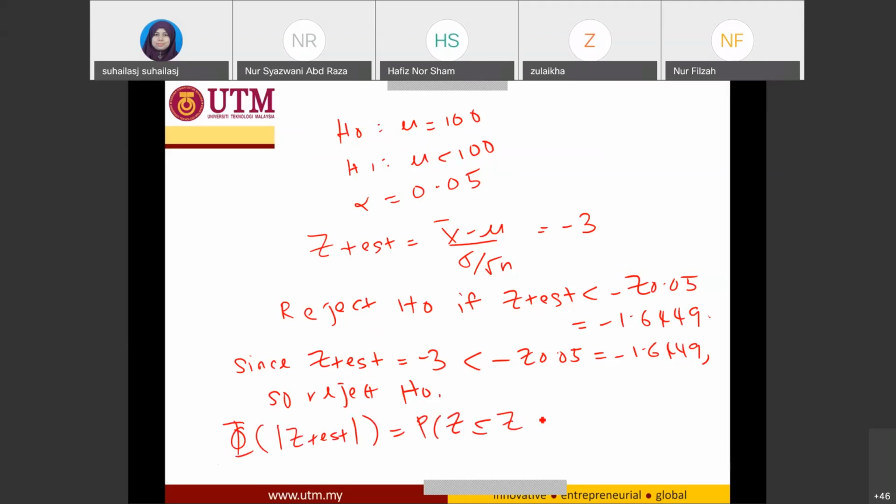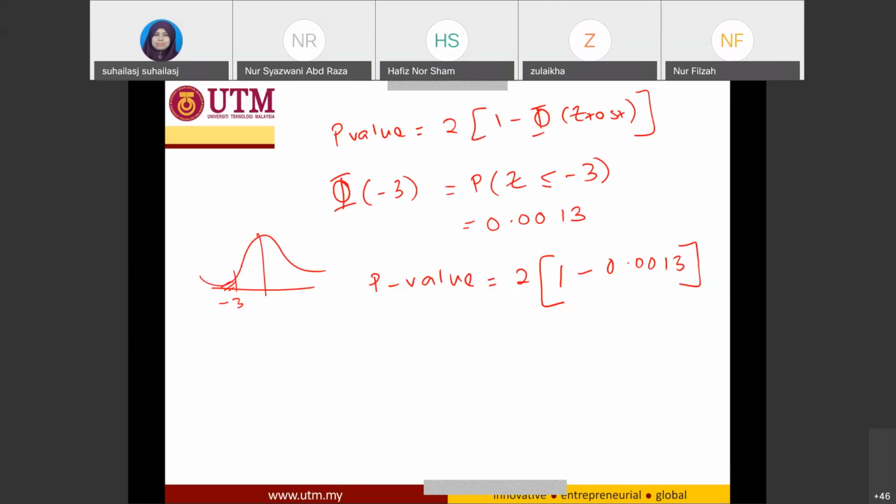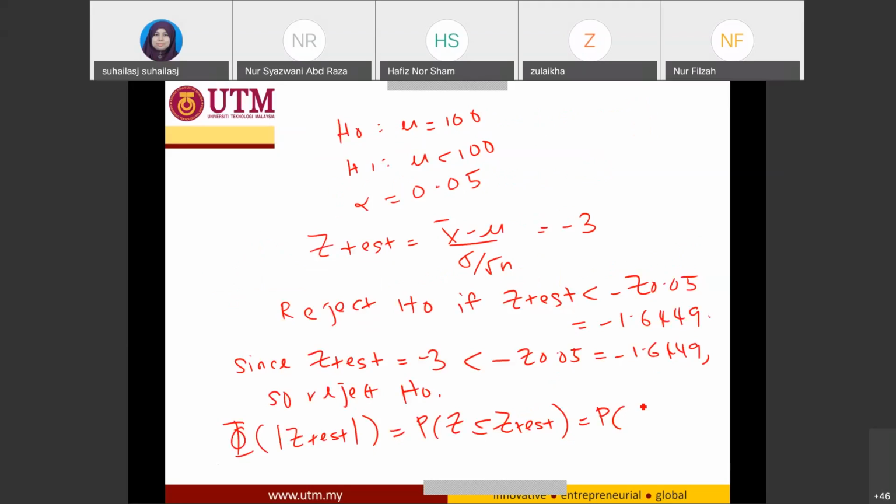What did we get earlier? Minus 3. So Z less equals to minus 3, which is 0.0013.